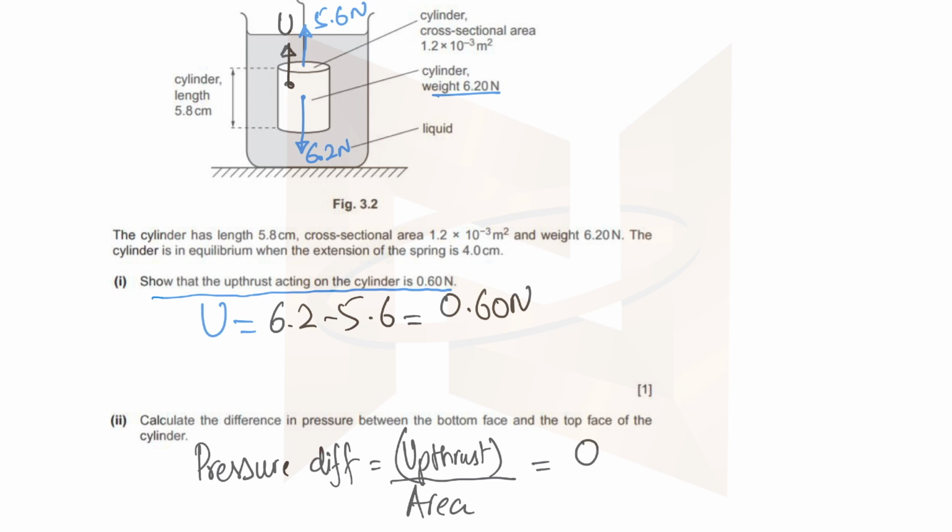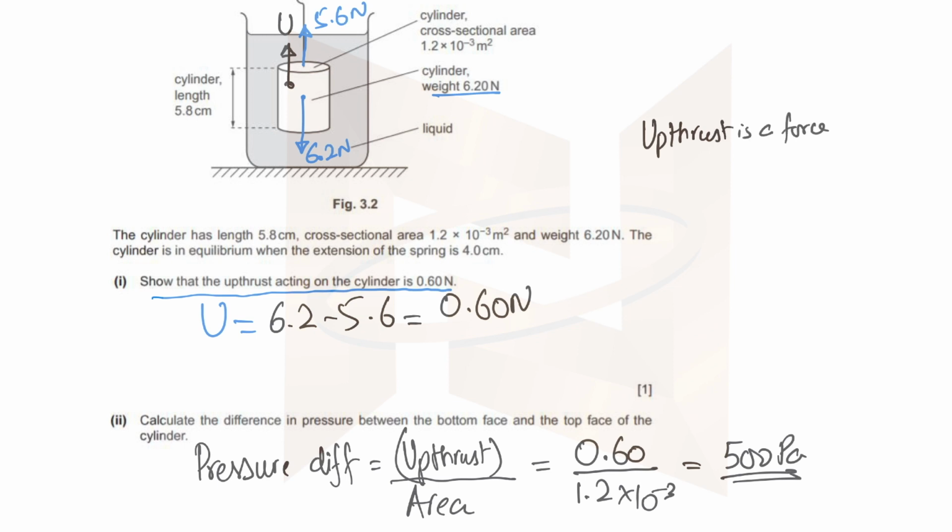So the force is 0.6 and the area is 1.2 into 10 raised to the power minus 3. And the answer that you end up getting is 500 pascals. Remember, upthrust, let me write it down, is a force which is caused due to pressure difference.